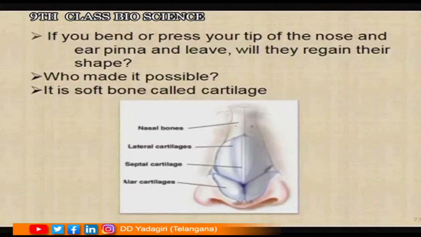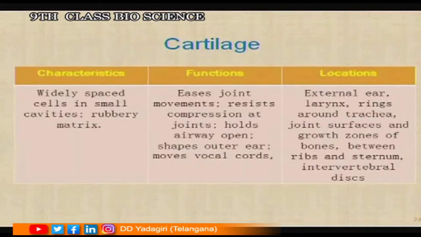It is a soft bone called cartilage. Now we will see the characteristics of this cartilage. This cartilage has widely spaced cells in small cavities, and it has a rubbery matrix. And what are the functions of this cartilage?